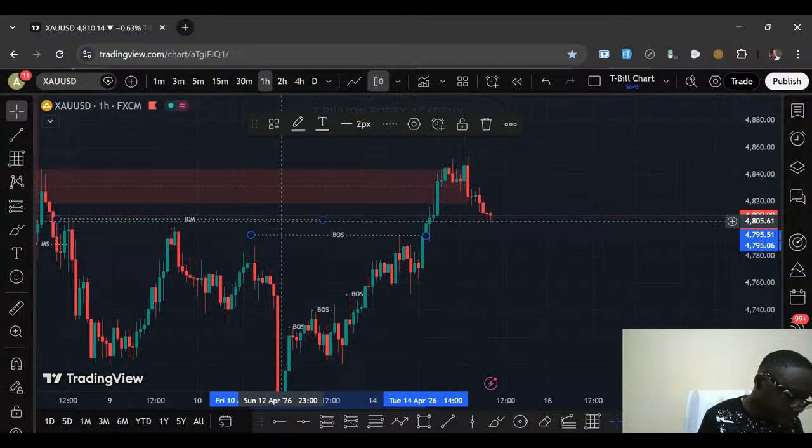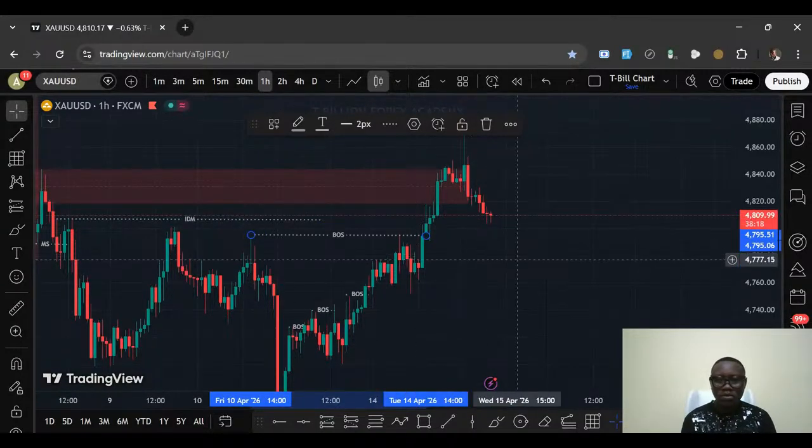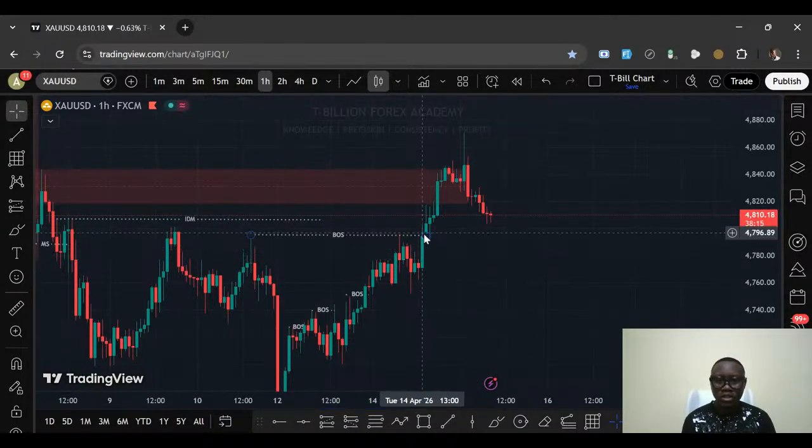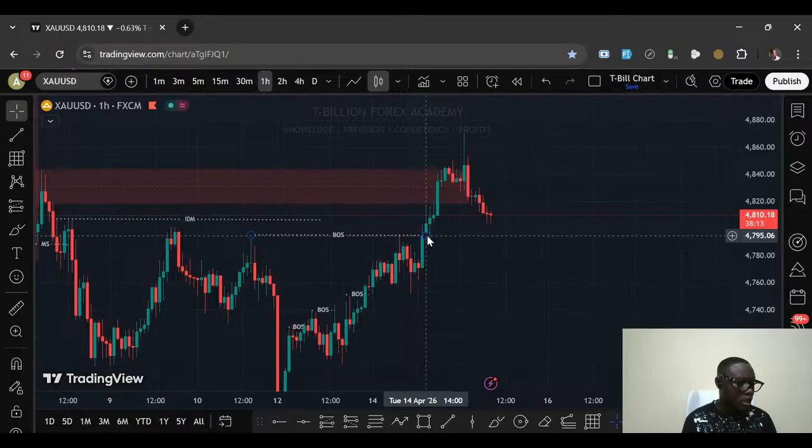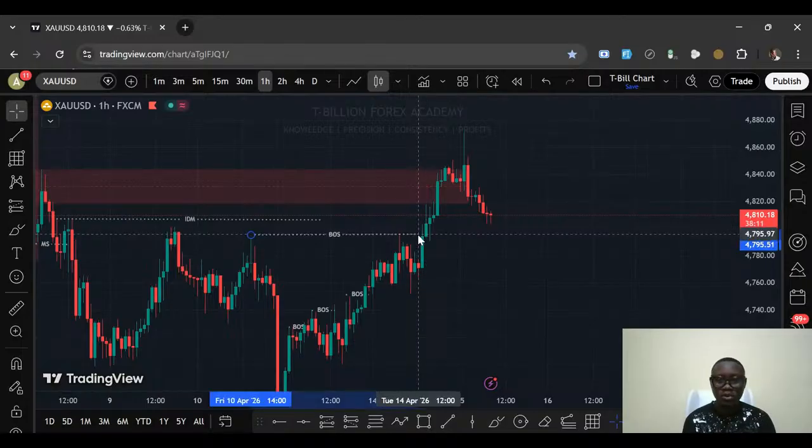Now, I would want to focus on this break of structure right here, which is the most recent break of structure.